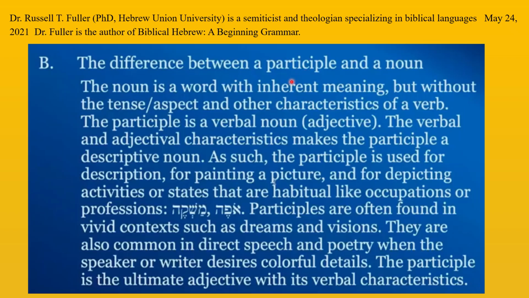In Hebrew, you're going to find out it's the other way around. So, the noun is a word with inherent meaning, but without tense or aspect. Tense is of course past, present, future. Aspect would be ongoing action, completed action, that kind of thing. So a noun, again, doesn't have those two things. A participle does, but a noun doesn't.